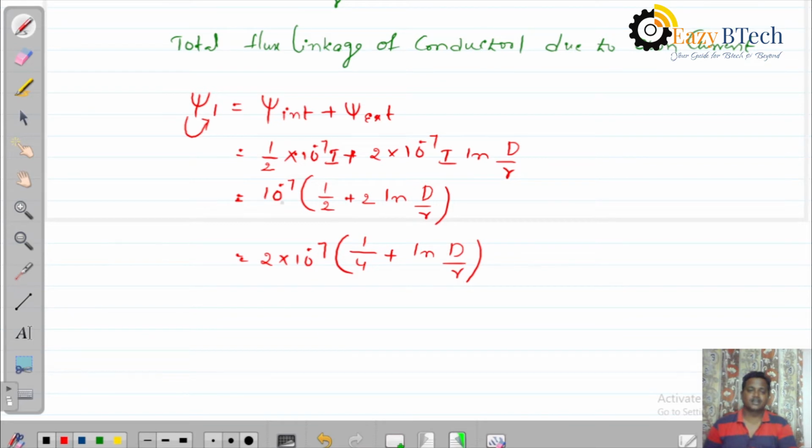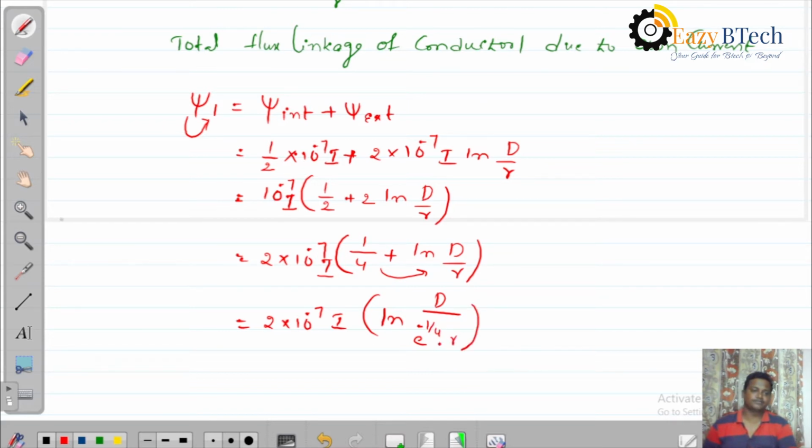I is also common here. Therefore, what you get is 2 into 10 power minus 7 into I, and in the bracket it becomes ln d by e power minus 1 by 4 into r.